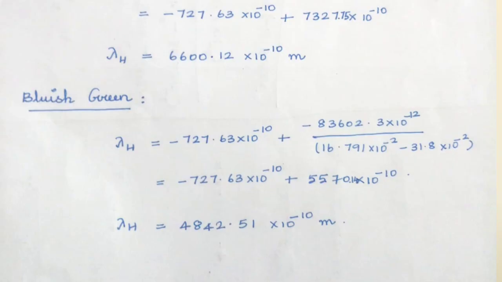Substituting, we get lambda H is equal to minus 727.63 into 10 power minus 10 plus the C value minus 83,602.3 into 10 power minus 12, the whole divided by 16.791 into 10 power minus 2 minus 31.8 into 10 power minus 2. So upon simplifying, we get the H beta line as 4842.51 into 10 power minus 10 meter or 4842 angstrom.